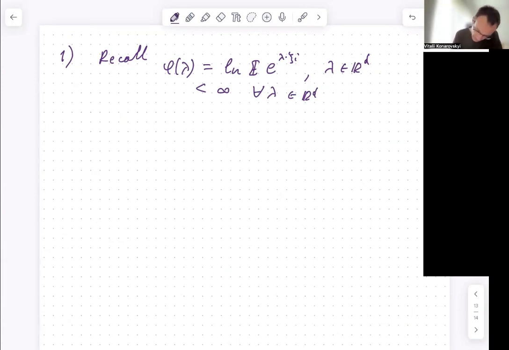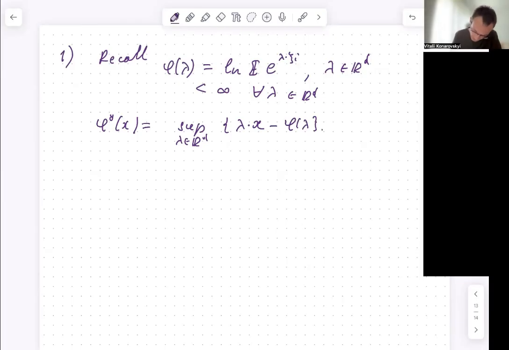Then let's define the Fenchel-Legendre transform of the cumulant generating function. It is equal to the supremum, as I remember, of all lambda from R^d of lambda x minus phi of lambda.